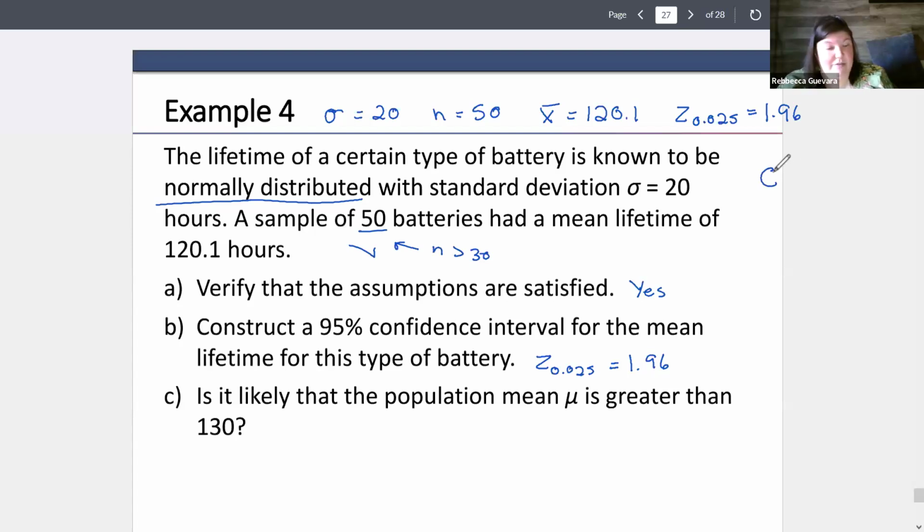So my 95% confidence interval, I'm going to put CI, is going to be 120.1 plus or minus 1.96, because that's my z-score. And then my standard deviation is 20, and we're dividing by the square root of the sample size, which happens to be 50.